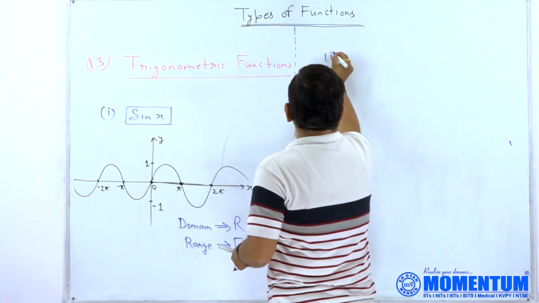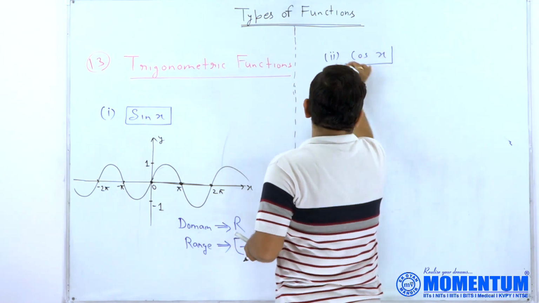Now, the second trigonometric function is cos of x.